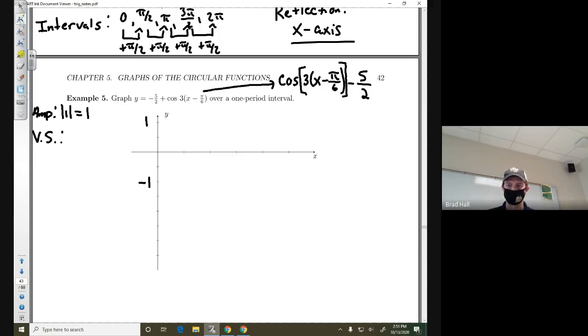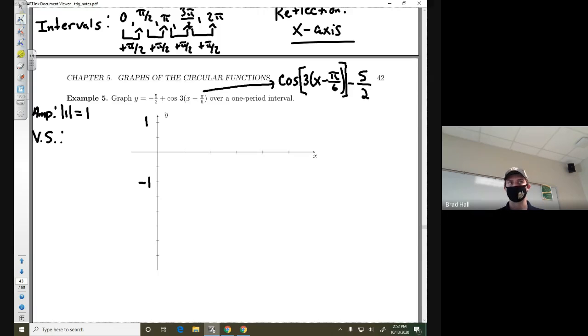So what is the vertical shift here? 5/2. So 5/2, what direction? So let's try that again.